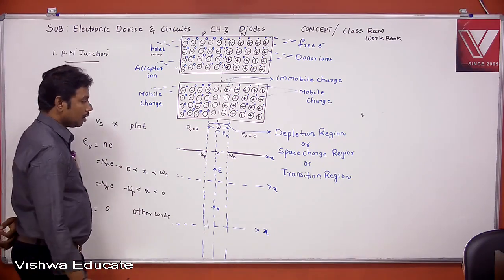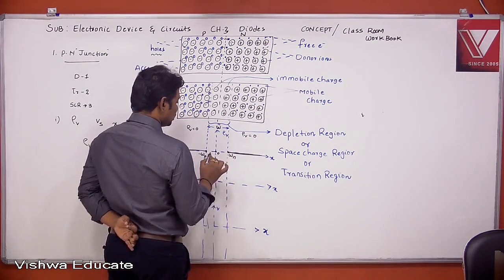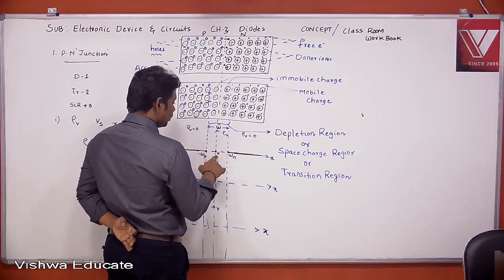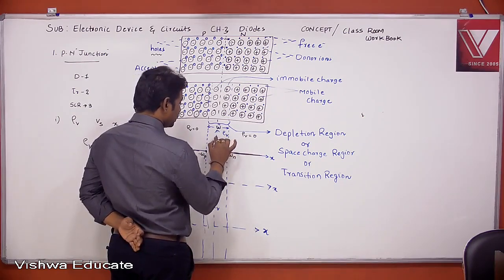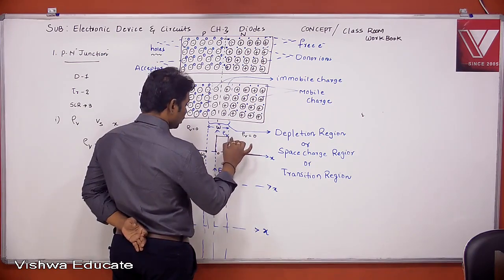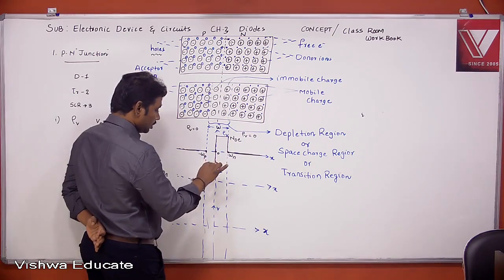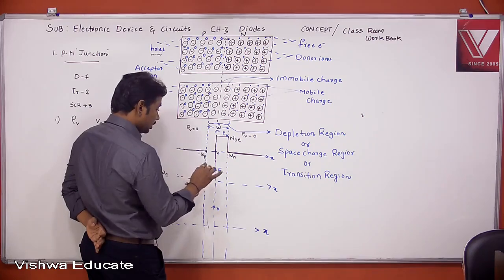Now here I am going to draw the charge density versus distance plot. If X value lies between 0 and Wn, the charge density is nothing but Nd into e. Similarly, if X value lies between minus Wp and 0, the charge density is nothing but minus Na into e.